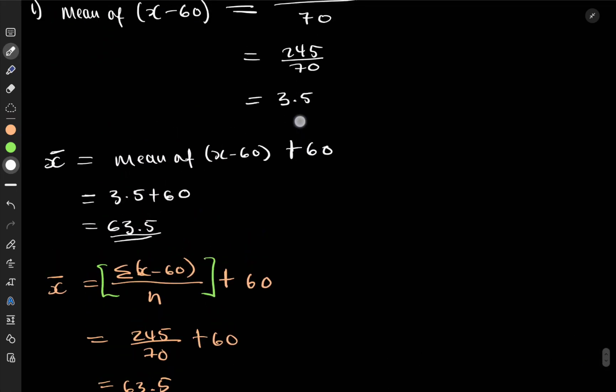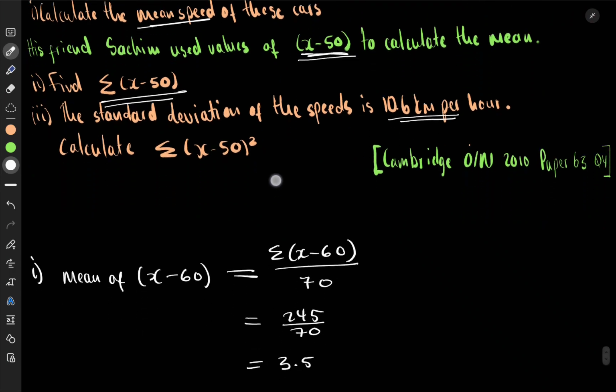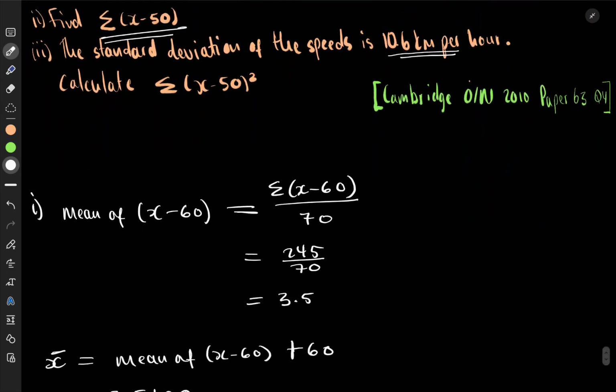So now let's go for the standard deviation. It says calculate the standard deviation of the speeds. Calculate the sum of x minus 50 all squared. The standard deviation of the speeds themselves, the x. But we know that the standard deviation of x is also the standard deviation of x minus 50.